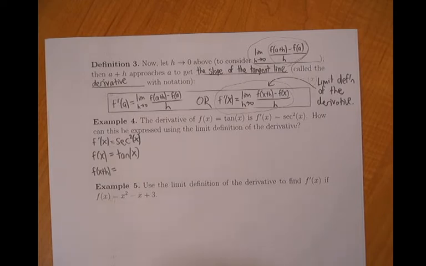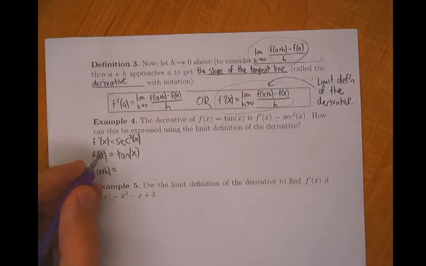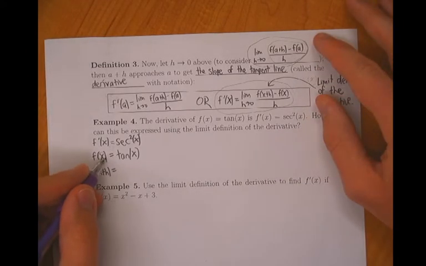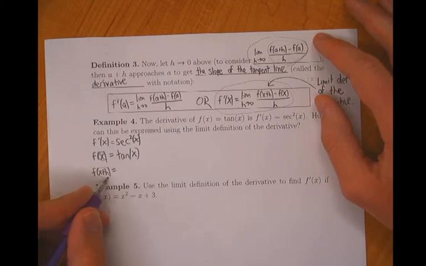So if f of x equals tangent of x, then f of x plus h would equal what? In this case, all we're really doing is replacing whatever's inside here, in this case x, with x plus h, right?